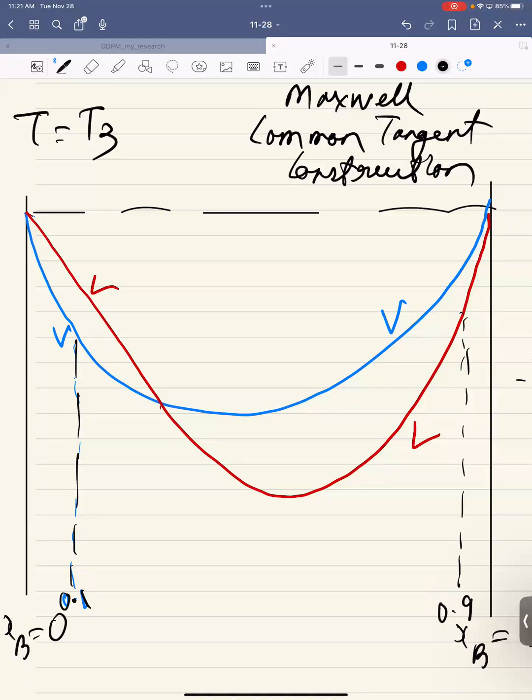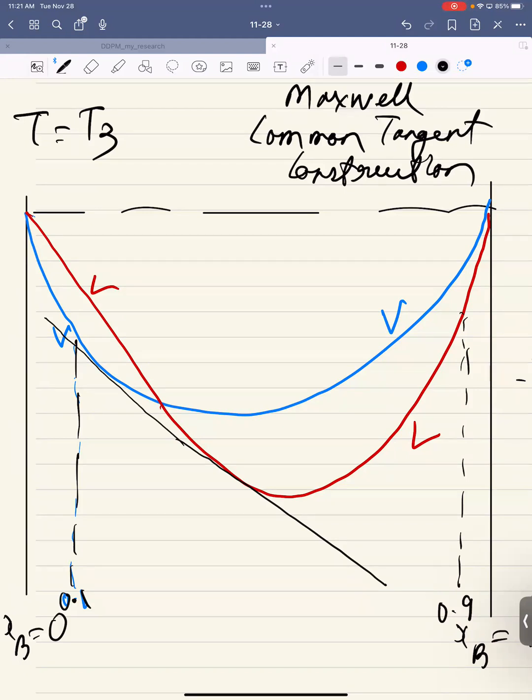Maxwell said there will be a very, very special line that is a tangent to both the curves at the same time. And for these curves, there can be only one such line, right? You can draw it over here. It's going to look something like this, right? You can work through the math and see that there is going to be only one such line for free energies like this.